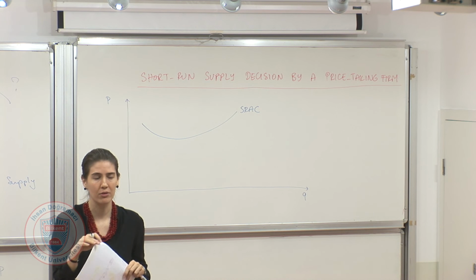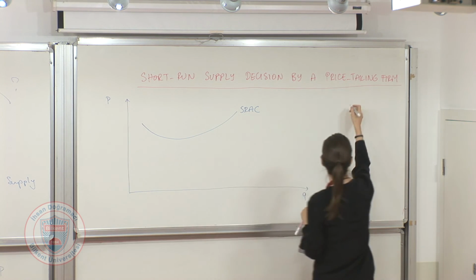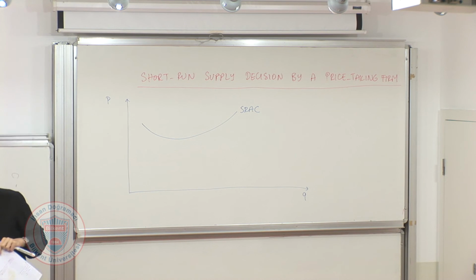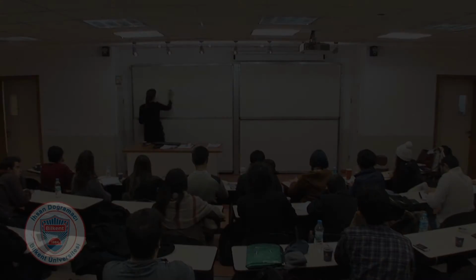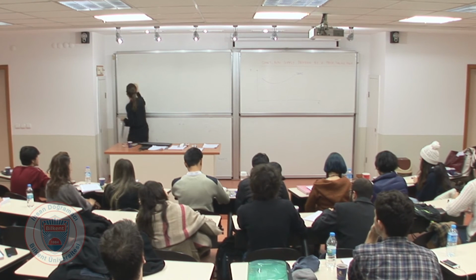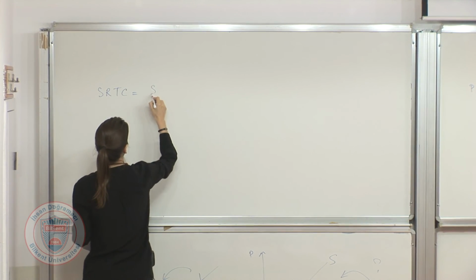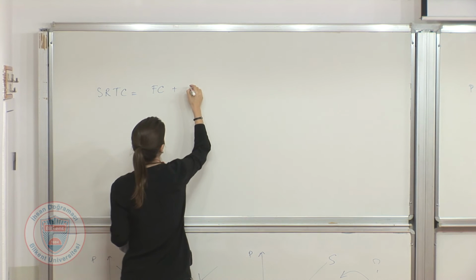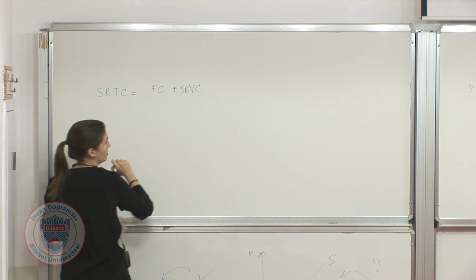Below or above? Short run average variable cost. Remember, total cost was what? So let's write this. As you said, it should be below, right? So remember, we said that in the short run, total cost, you can call it short run total cost, there was fixed cost, and plus you can have variable cost, right? Or if you want, short run variable cost, okay?